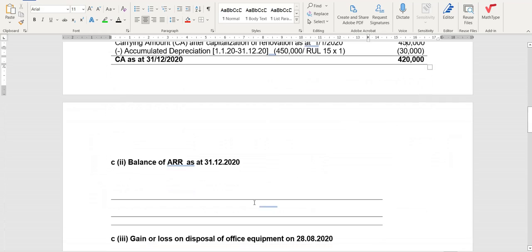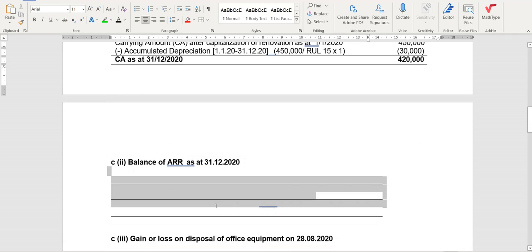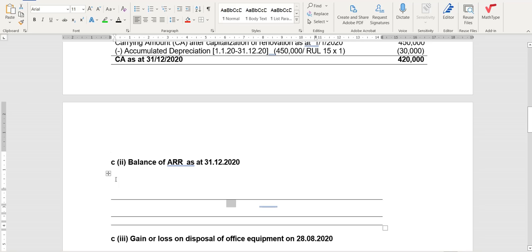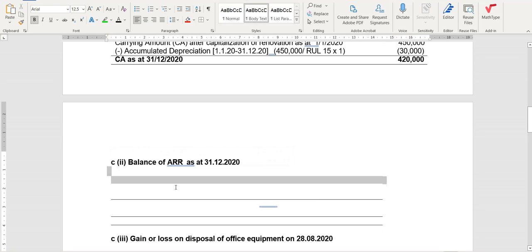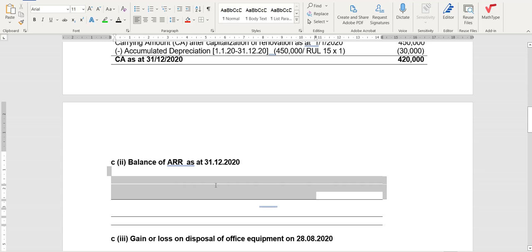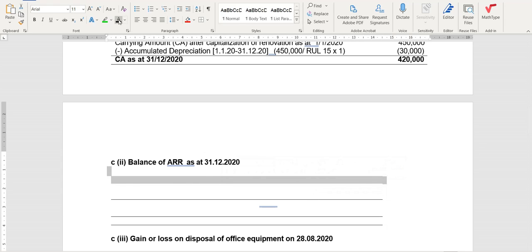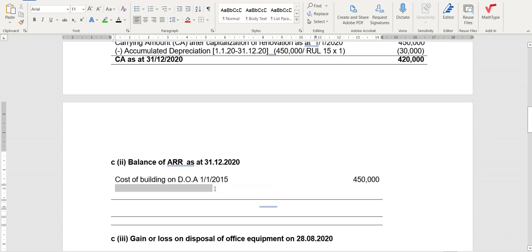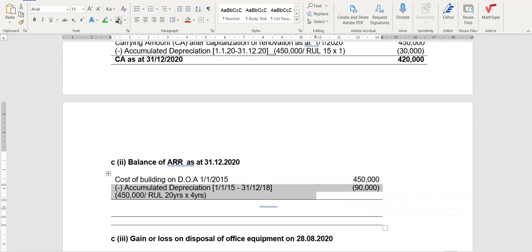Alright, so let's look at the balance. So what we will do is we have to first find out the cost. The cost was given, and calculate the accumulated depreciation. So the cost as at 1st of January, which is the date of acquisition, and find out what is the accumulated depreciation.